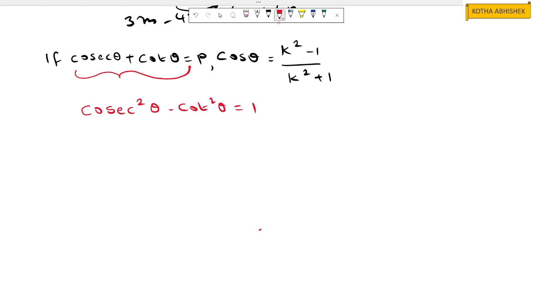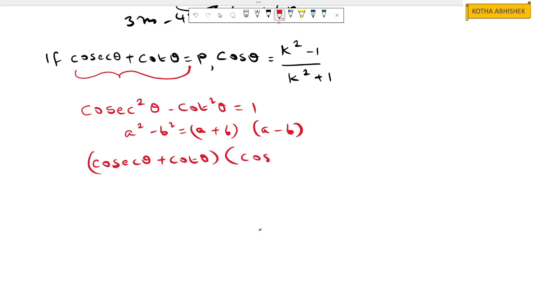Now here, this cosec square theta minus cot square theta is in the form of a square minus b square, right? So a square minus b square equals a plus b into a minus b. Then cosec square theta minus cot square theta can be written as cosec theta plus cot theta into cosec theta minus cot theta equals 1 as it is.